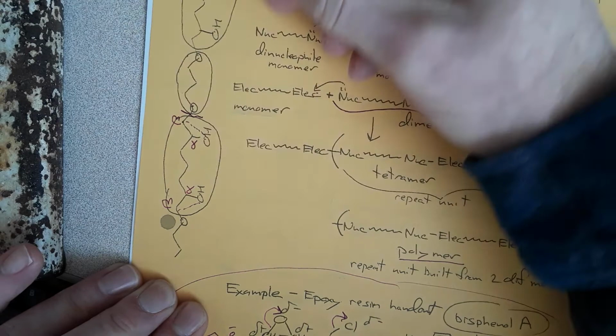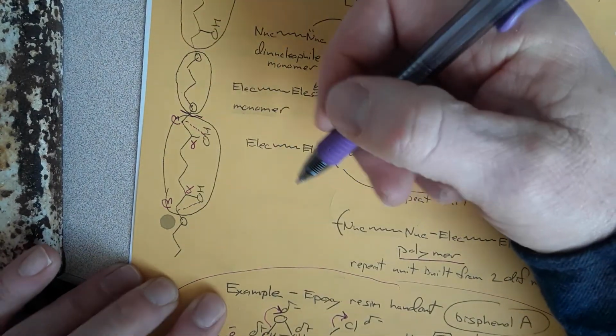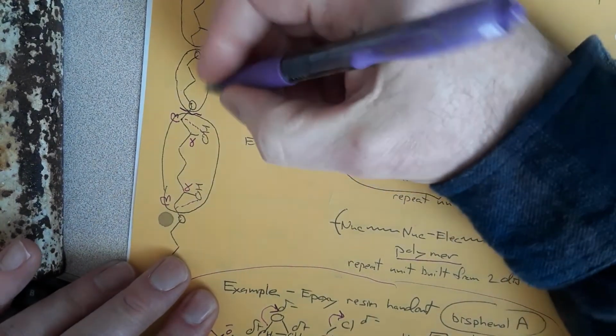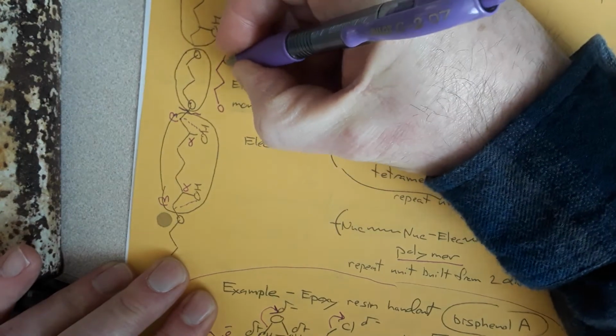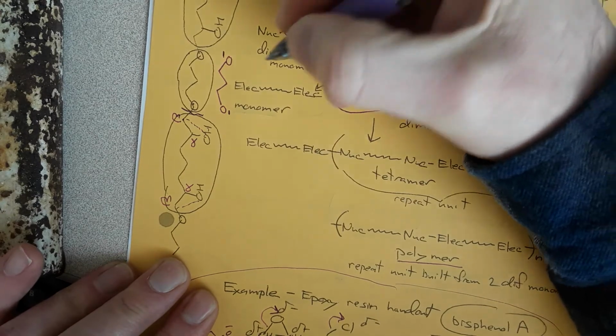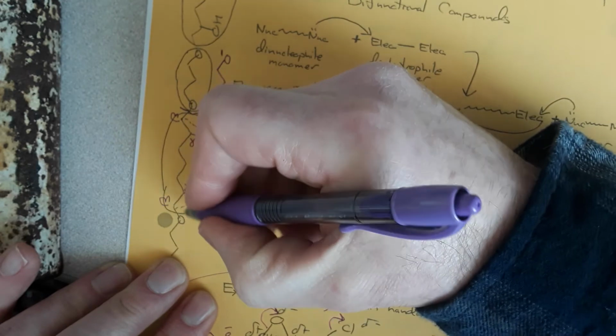I've drawn this fragment and I've circled the units here, and you see there's two different kinds of units, and if we separate them out, then this would be a deprotonated alcohol. That's your dinucleophile. And then I'm going to number this just so I make sure I get this right here.